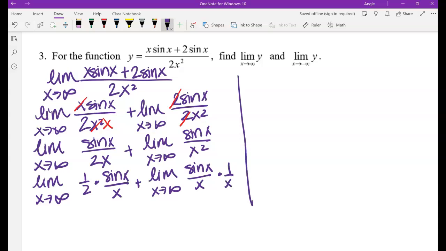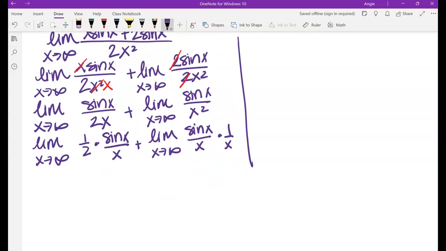Concept-wise, just make sure you're really understanding this. Now, since we have a constant, this constant can go out in the front. So this could be written as limit as x approaches infinity of sine x over x. Let's look at this first, and then we'll look at the other one. Just like earlier, students, sine x, again, the range, the y value of that can only be from -1 to 1, divided by an infinity number.